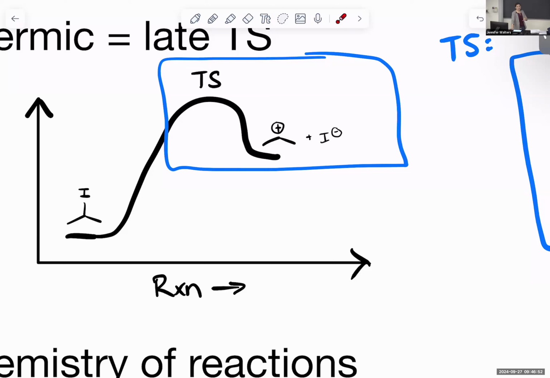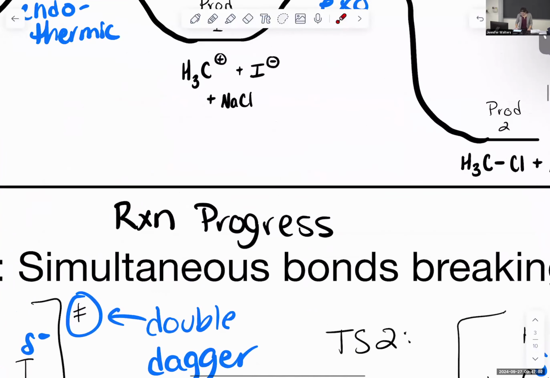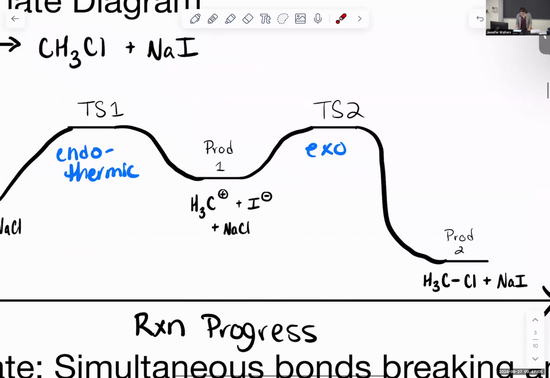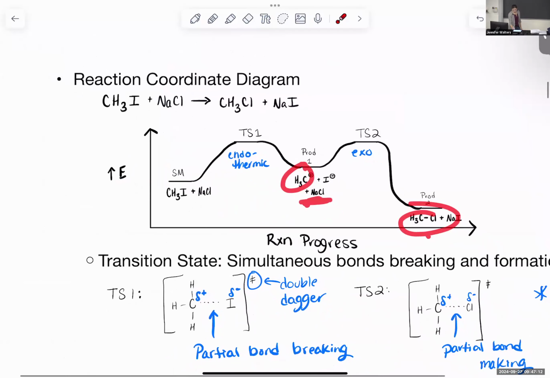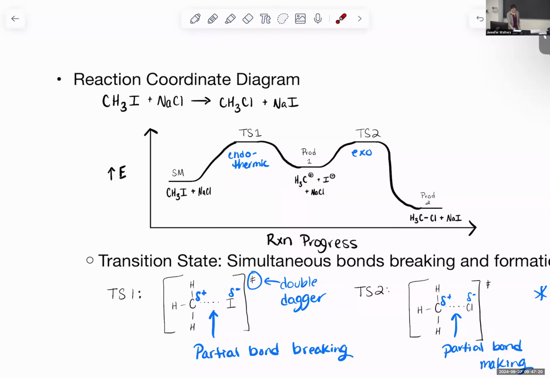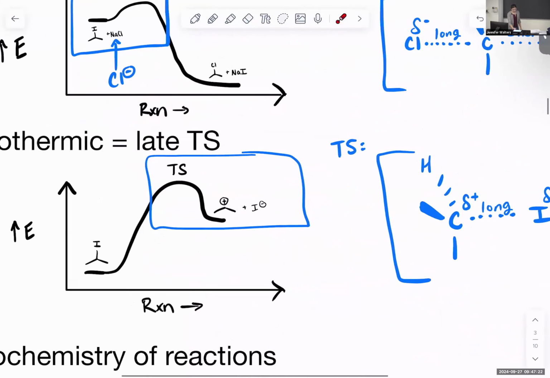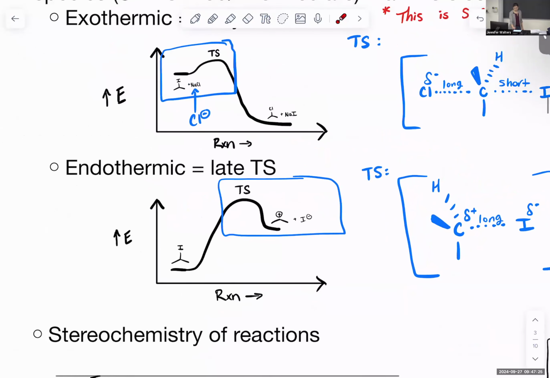The reason we don't include the chlorine is because it's not involved in the bonds currently being made or broken. In the second step, which is what we were seeing up here, now the chlorine is brought in, so now we are incorporating it into this reaction. Now chlorine gets included. So we're only going to include the elements that are there in the bonds being made or broken in that particular step. Okay. Yes.